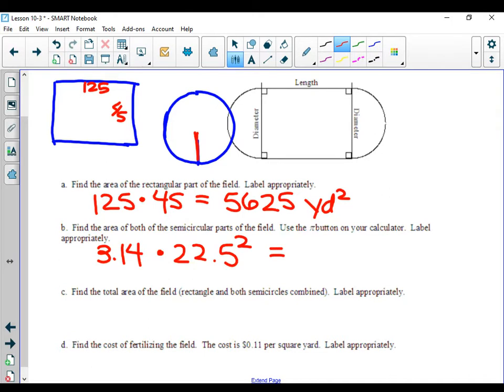I always have to type carefully on these. Lots of decimals. 1589.625.